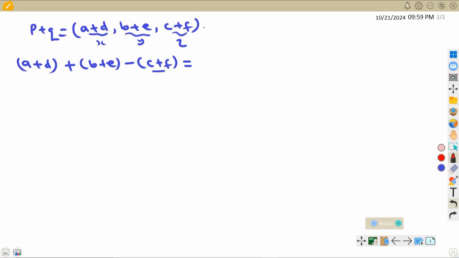I want to show that A plus D plus B plus E minus C plus F, I get a 0. Because this is in position for X, Y, and this is position for Z. So let us look at this and see whether it will give us a 0.